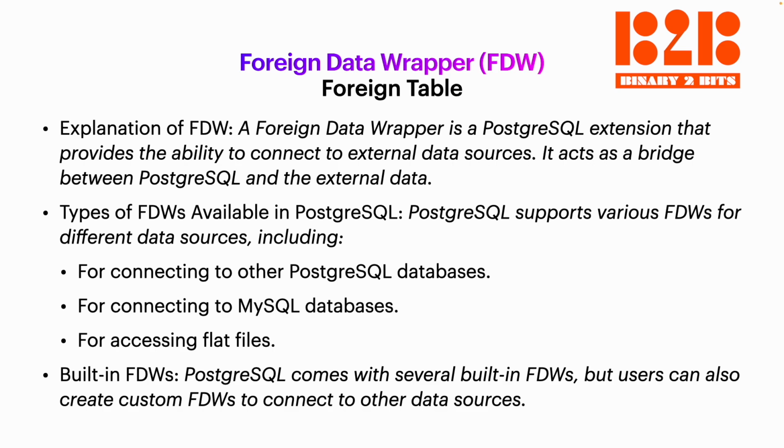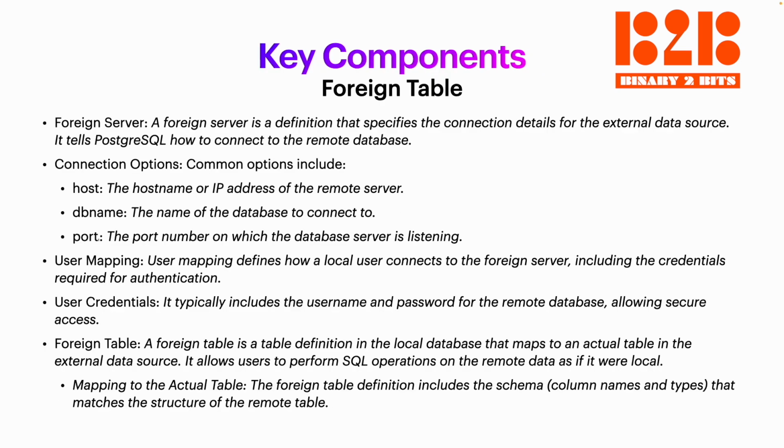There are a few key concepts we need to keep in mind when we work with foreign tables. First, we need to create a foreign server in PostgreSQL with that extension. So first we need to create an extension, then we need to create a server, and we need to define some host, DB name, port, like that.